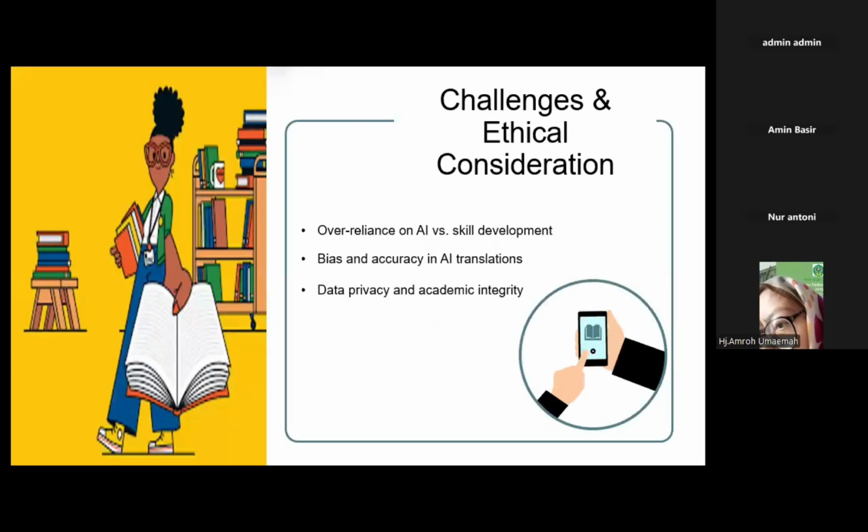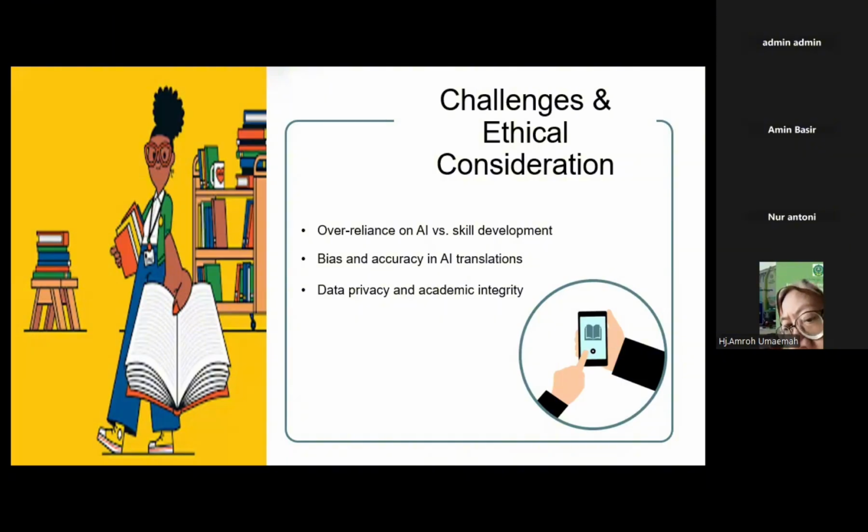So when we use AI, there are challenges and ethical considerations that we have to identify, or we have to learn. First, over-reliance on AI. What happened with this? How about our skill development? So AI, once again, is only to assist us.